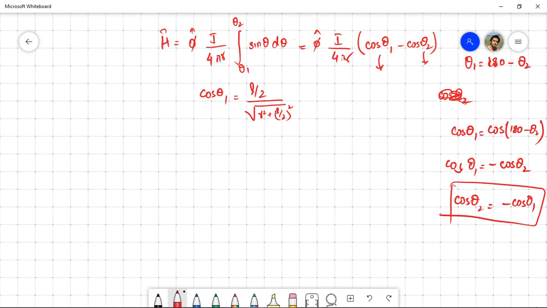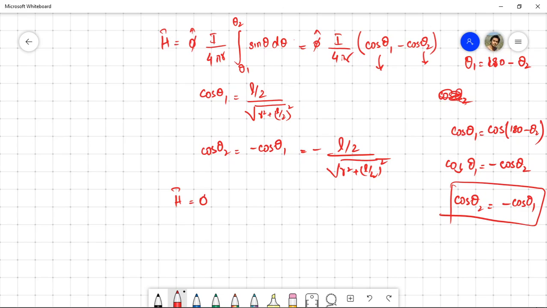We have the value of cos theta 1, so cos theta 2 is equal to minus cos theta 1. That means it is minus L by 2 divided by r square plus L by 2 whole square under root. This is it. We'll just put this value back into this equation.